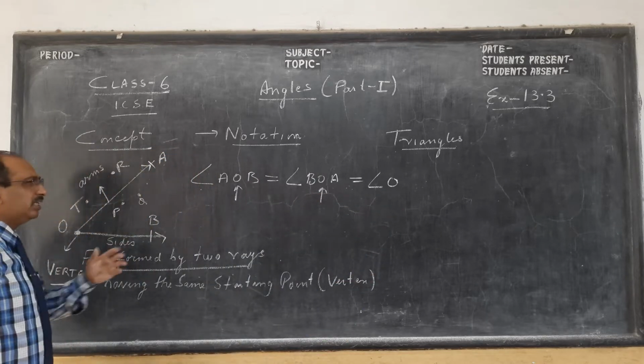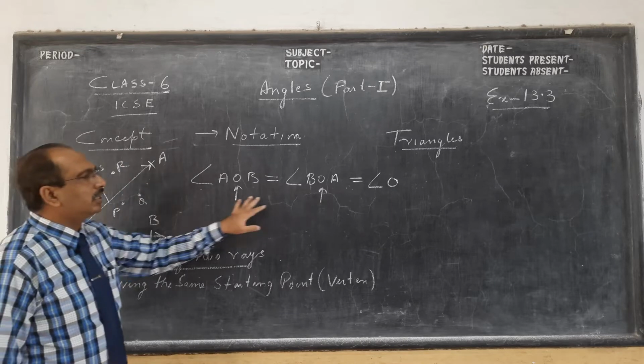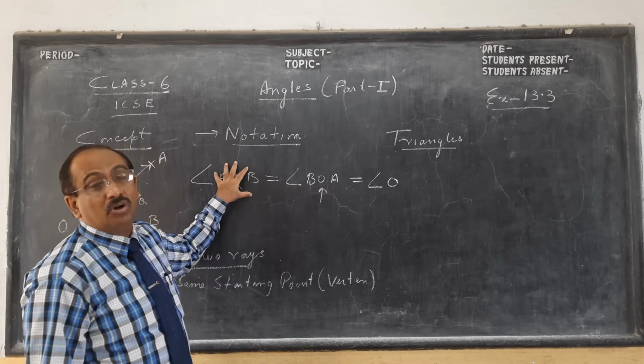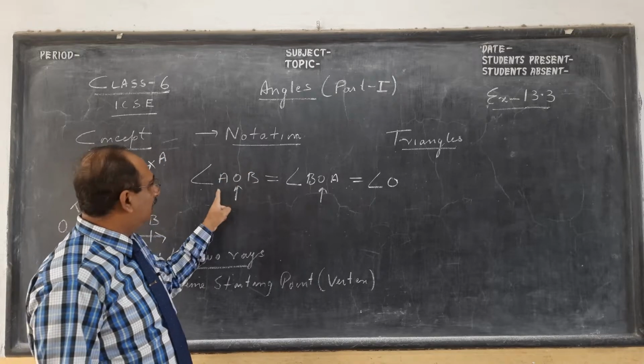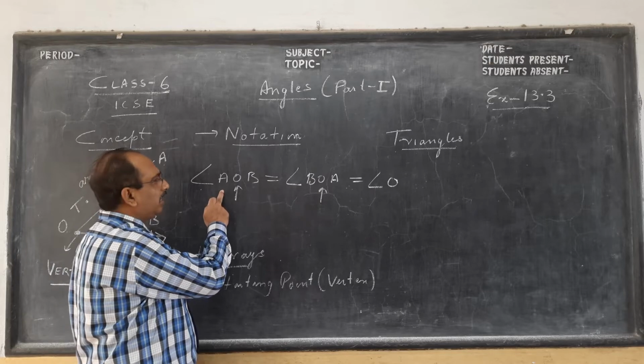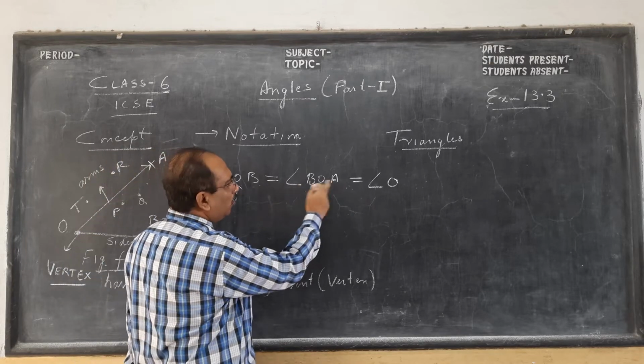One very important thing: you will say, sir, which is better, AOB or BOA? In higher classes we have to see a lot of proofs and all. So generally I advise my students, from my experience, which comes first in the alphabet? A comes before B, so AOB, then B is the second letter, BOA.